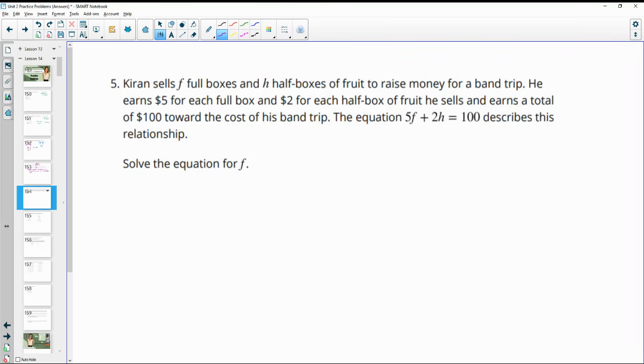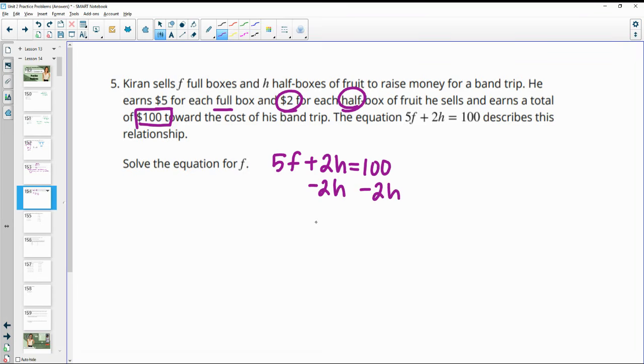Number 5, Kieran sells full boxes and half boxes of fruit to raise money for a band trip. He earns $5 for a full box and $2 for a half box of fruit that he sells, and he earns a total of $100 towards the cost of his trip. So this equation describes that relationship. Solve for f. So we just want to take this equation and get f by itself. So we'll subtract 2h from both sides, since 2h minus 2h is 0.